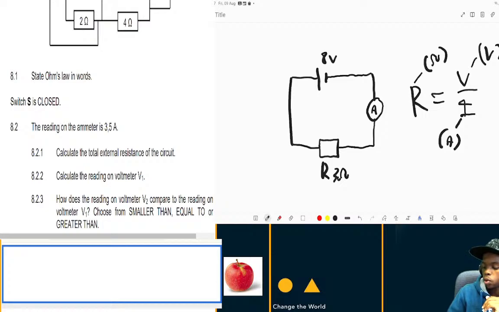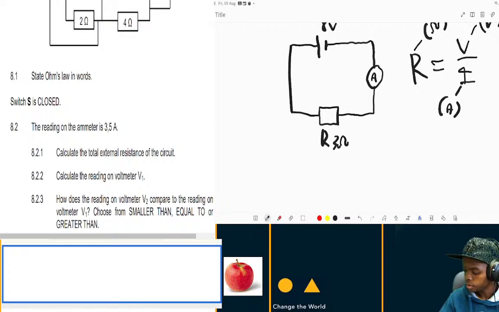Now, if we ask a question with this simple circuit, because we're given the resistance and we're given the voltage, if we ask what is the current, then we'll simply substitute.